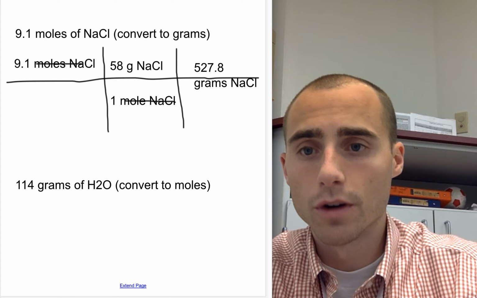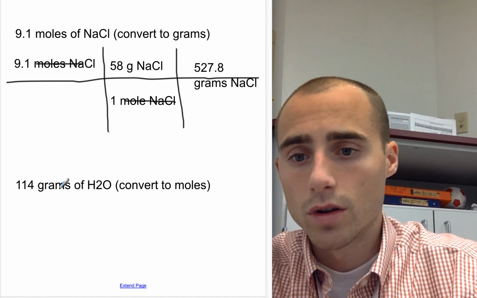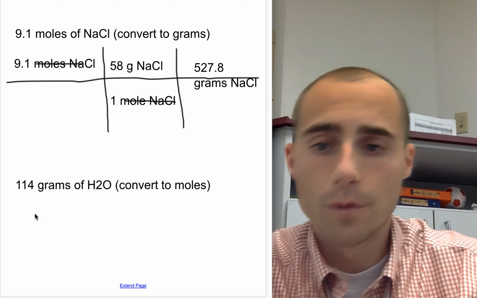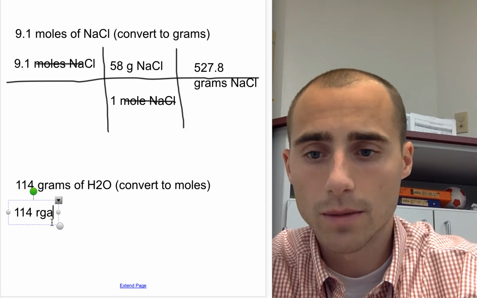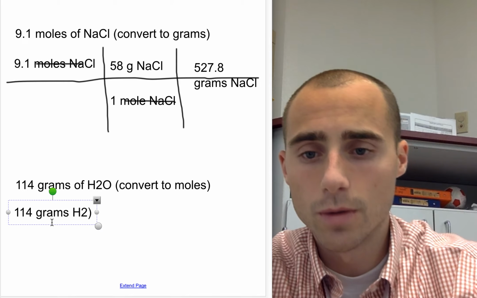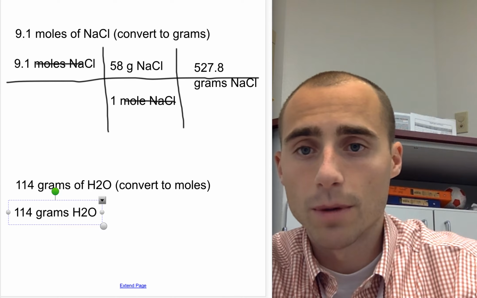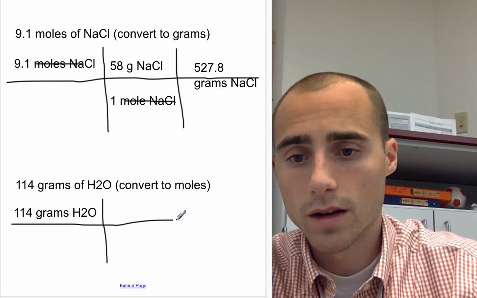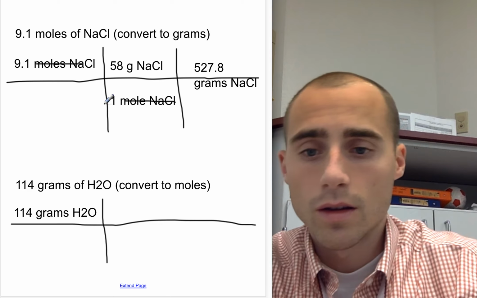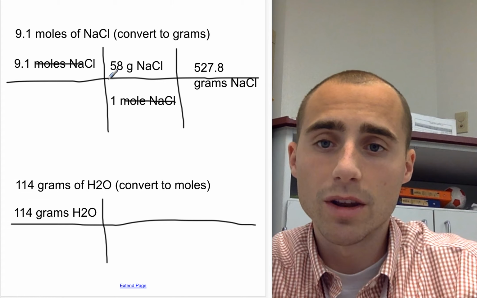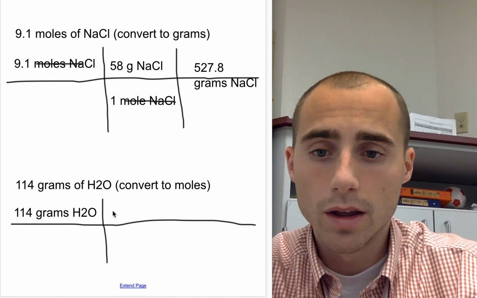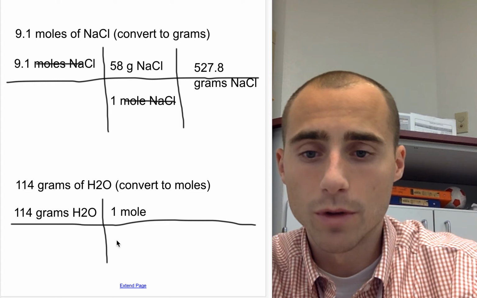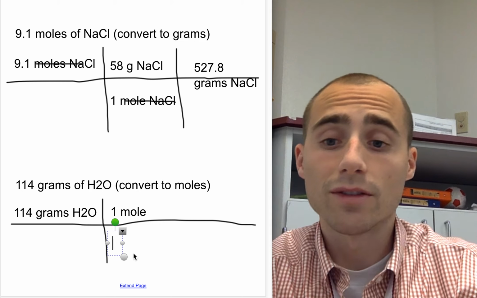Okay, let's go in reverse. For this one, we start off with our given. We have 114 grams H2O. Set up our picket fence. We've got to cancel it out, so we've got to find out how many grams are in 1 mole of H2O, because we have to end up with 1 mole up here. So how many grams are in 1 mole of H2O? You add up their mass numbers.